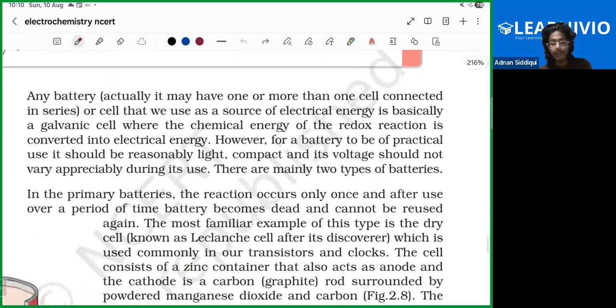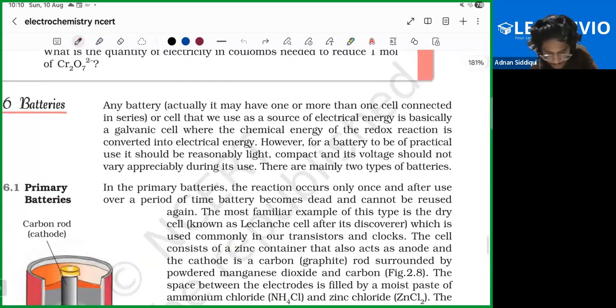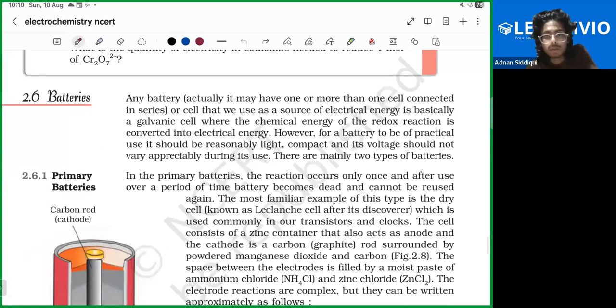So what are batteries basically? Any battery or cell that we use as a source of electrical energy is basically a galvanic cell. What is a galvanic cell? Can you tell me? Sir, it converts chemical energy to electrical energy.